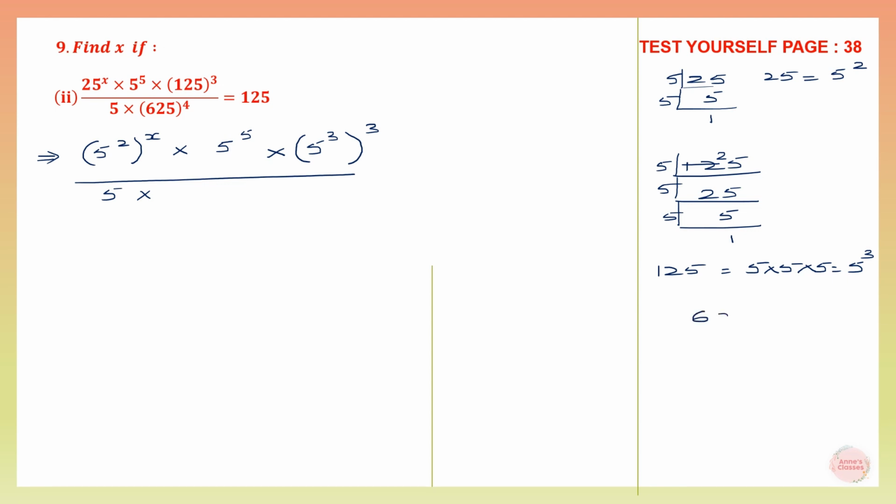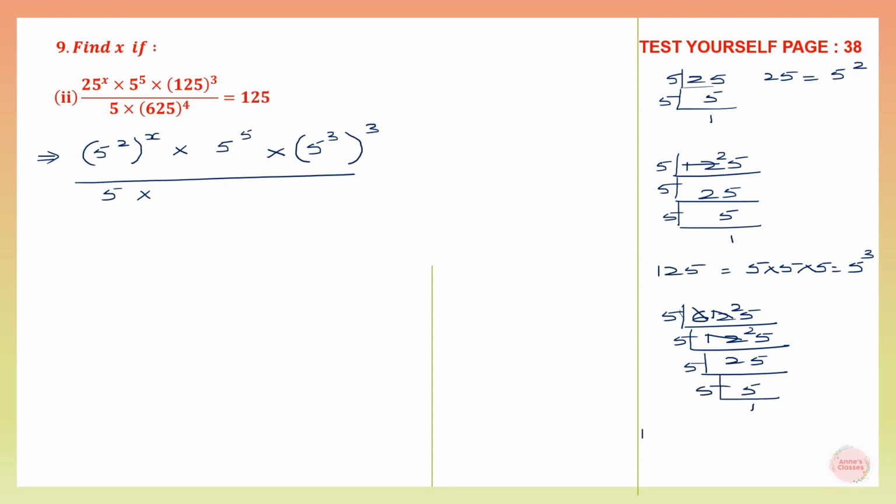Let's find the prime factors of 625. Divide this by 5. 5 ones are 5. What is left is 1. 12. 5 twos are 10. What is left is 2. 5 fives are 25. Continue. Now this is 5 twos are 10. There's 2 left. 5 fives are 25. Continue. 5 fives are 25 and 5 ones are 5.